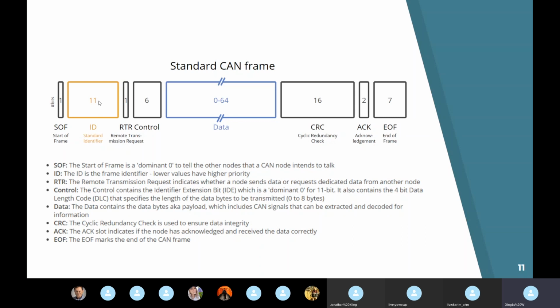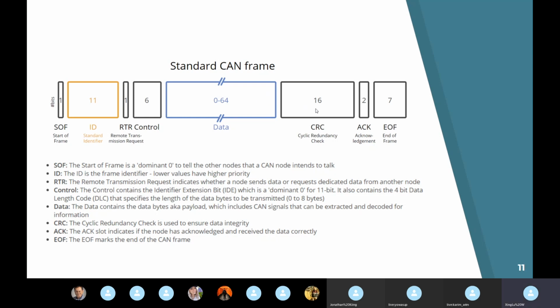This can be 11 or 29 bits. In this diagram, it's just 11 bits. I'll talk about that more later. Then we have a remote transmission request, control, and then data, 0 to 64 bits, or up to 8 bytes.